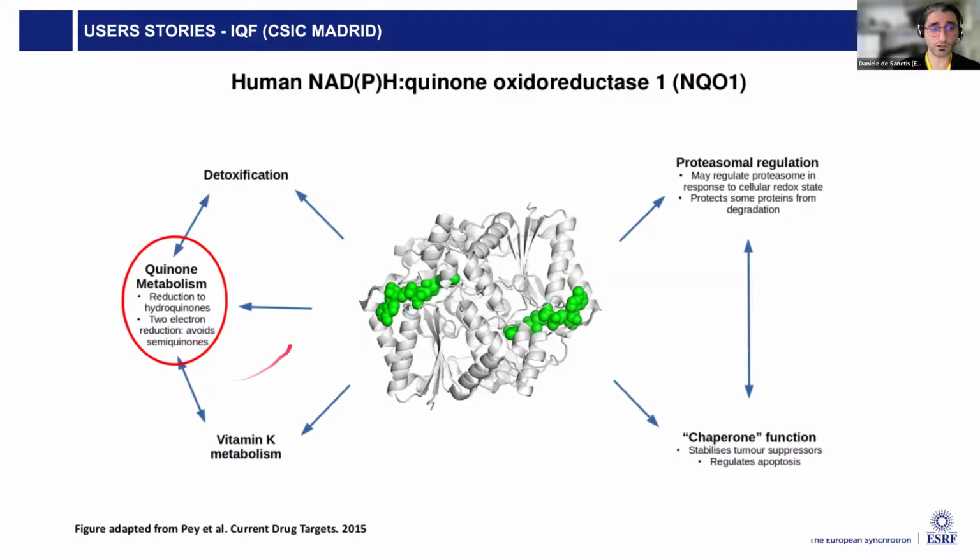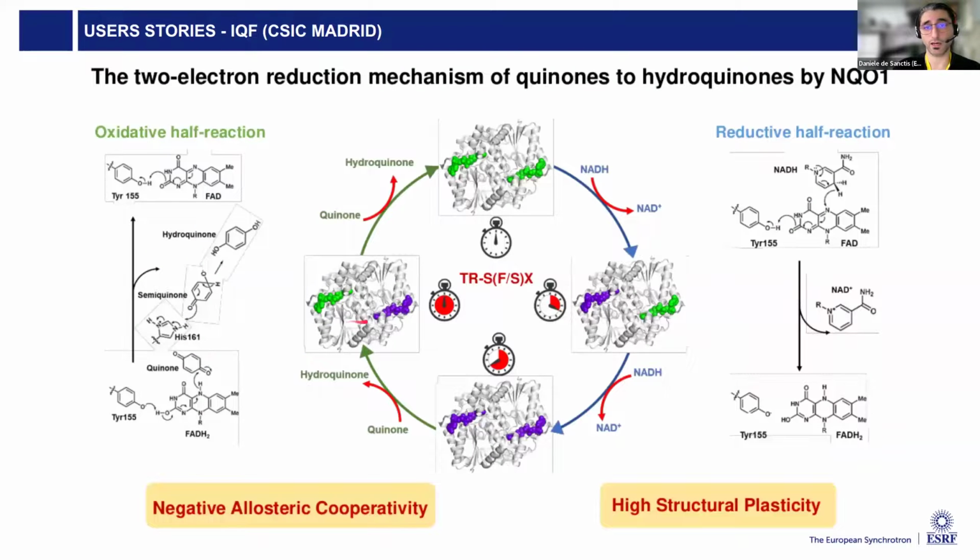In particular, it is involved in the quinone metabolism by doing a 2-electron reduction, avoiding the formation of semiquinone. This is a very interesting target, not only for biomedical application, but also as a time resolved target because of the cycle of its mechanism.